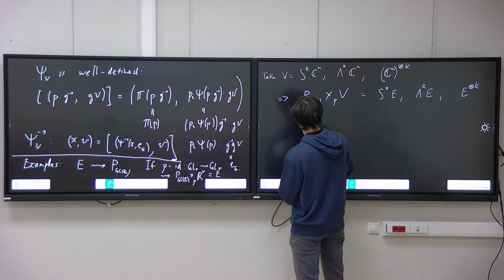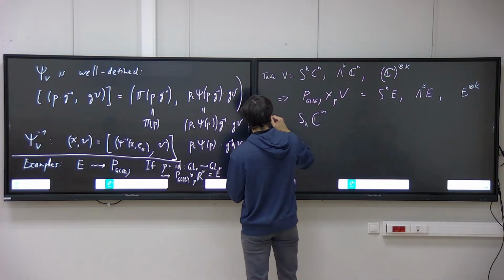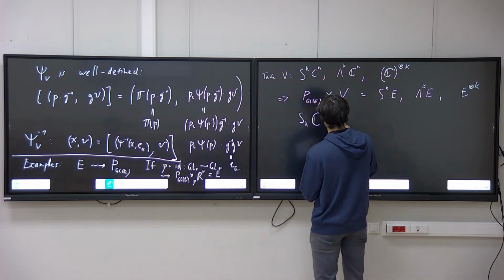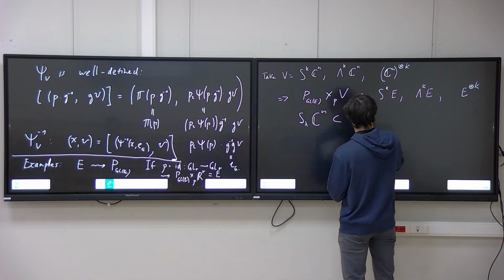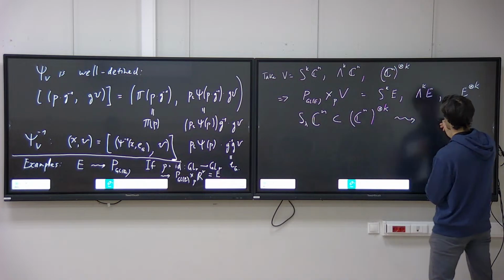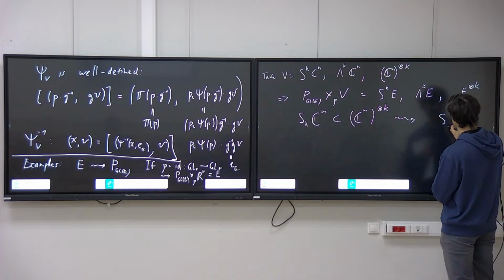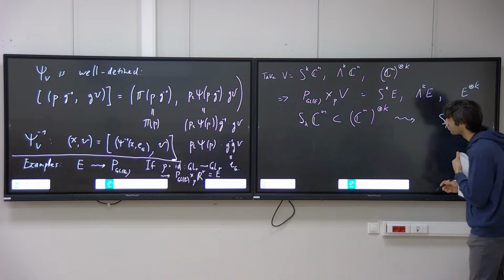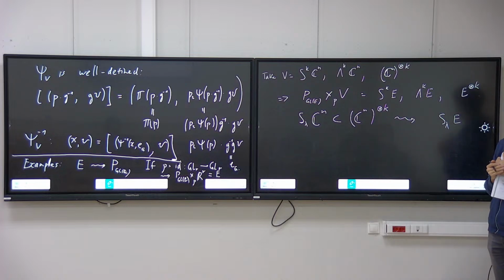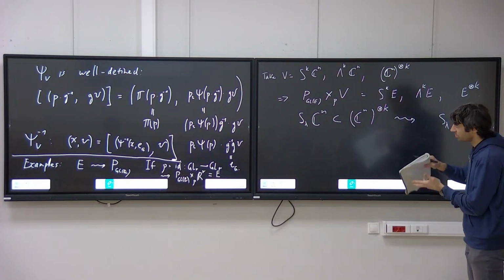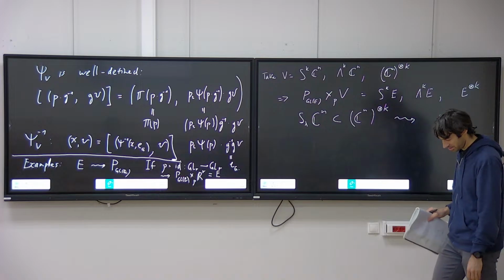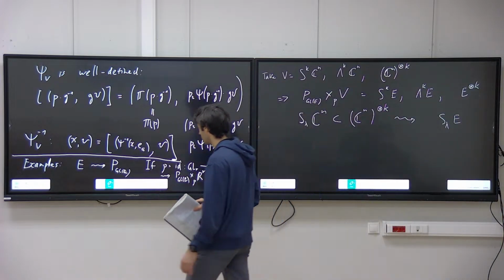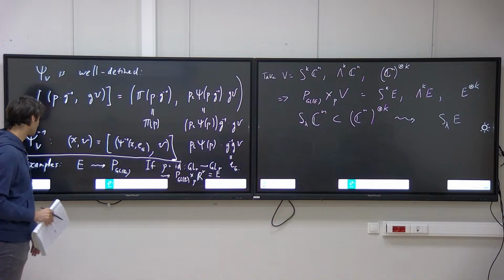So you have S_lambda inside C^n tensor k, and in this way you can define S_lambda E. So you have a more general construction for each partition of k, and this plays along with the representation theory of GL. That's what I want to say.